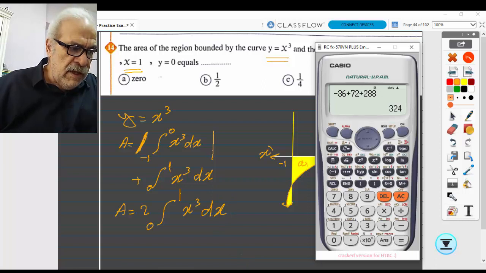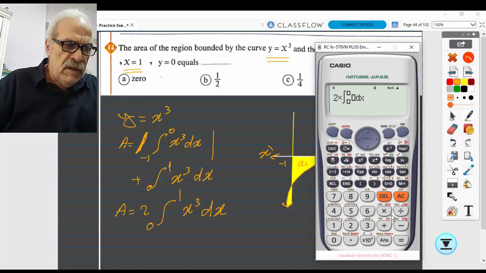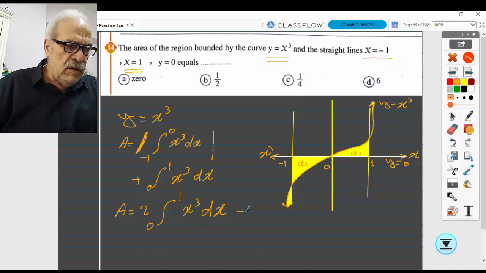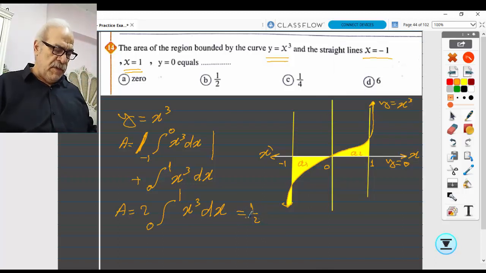Now you can calculate it from your calculator: 2 multiplied by the integration of x power 3 from 0 to 1. Okay, the result will be half, and the solution will be at letter B.